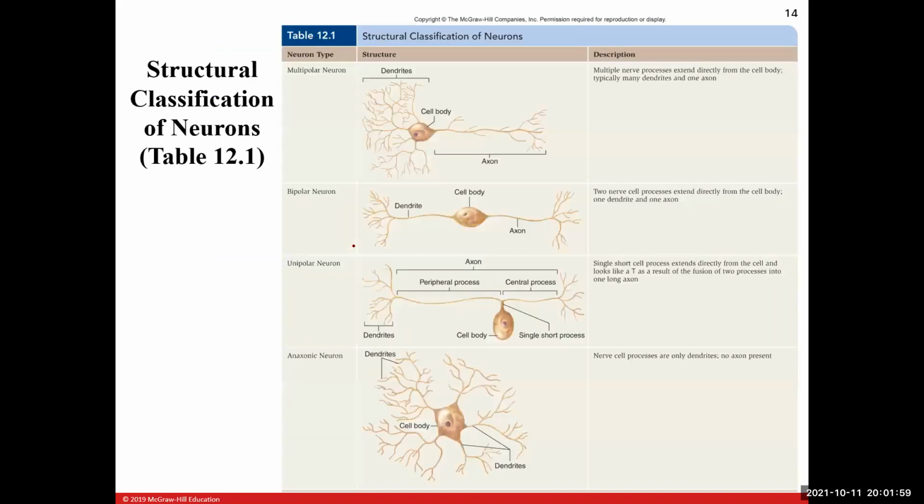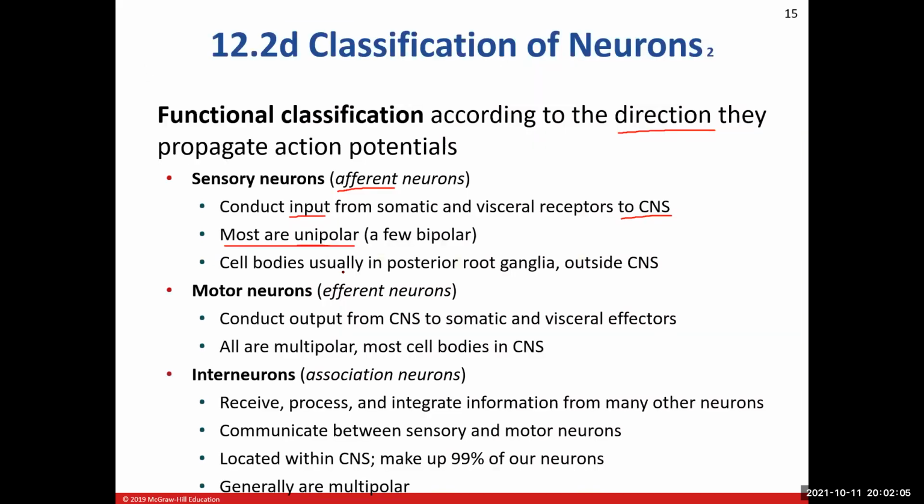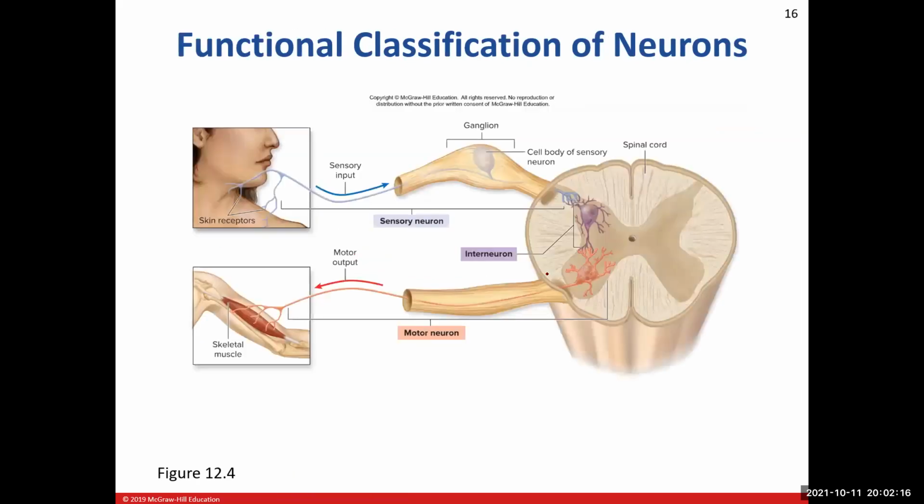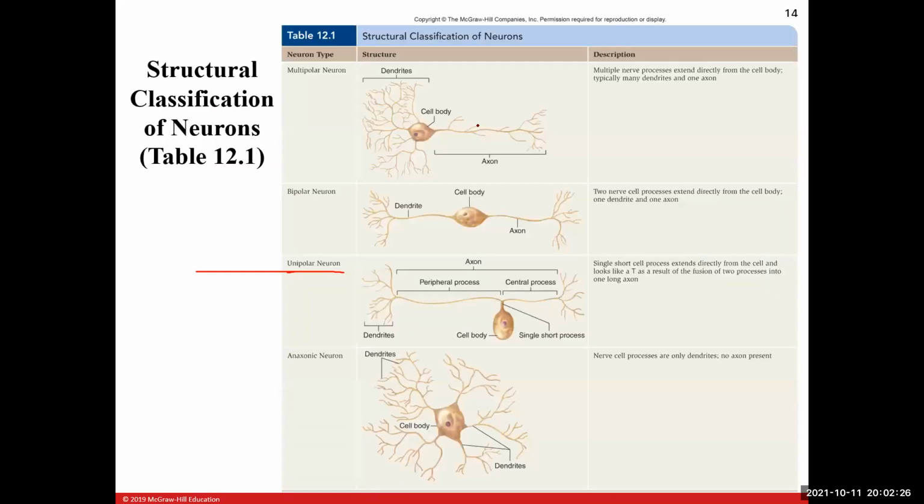Right, so again, most of these are unipolar. Well, what does that look like? In case you forgot, that's this fella right here. That's the unipolar one. So we're going to see the cell bodies in the posterior root ganglia. Here's the posterior root ganglia, also known as the dorsal root ganglia.